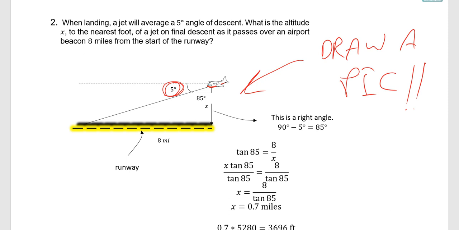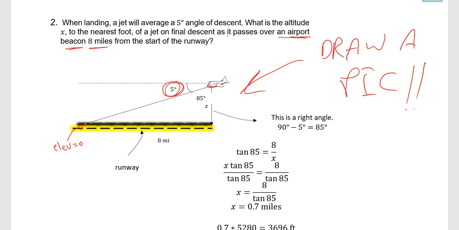So a jet on final descent passes over an airport beacon. The airport beacon is placed 8 miles from the start of the runway. If this is the start of the runway, then by the time the airplane reaches here, the elevation at this point will be 0.